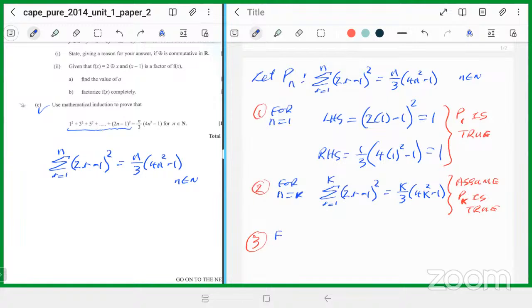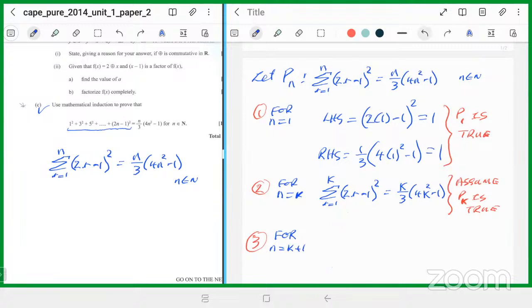So for n equals k plus 1, and this is where it gets dicey now. For n equals k plus 1, you're going to set up the summation for n equals k plus 1. The logical thinking is that to get the sum from 1 to k plus 1, it is equal to the sum from 1 to k plus the k plus 1th term.